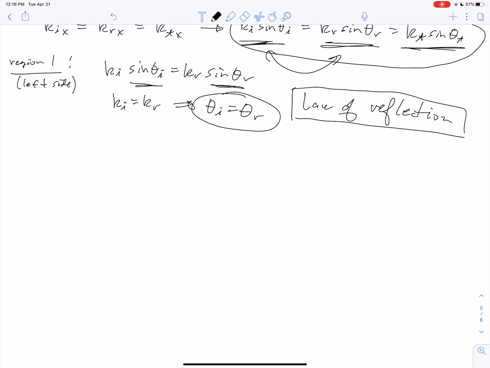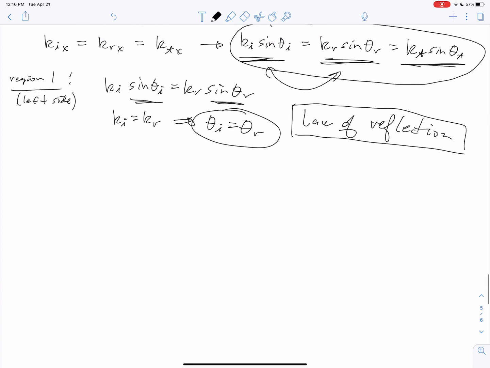That's how you derive it. And then there's another profound law that we can derive. Let's now look at these two. Let's relate region 1 and region 2. When we relate region 1 and region 2, we can see that Ki sine, actually it's not this one.